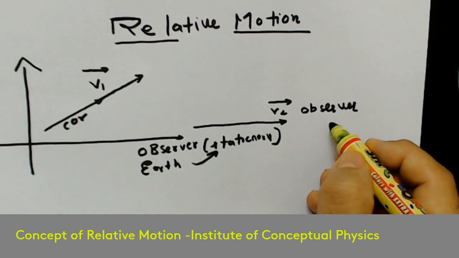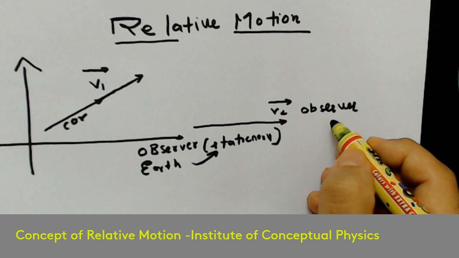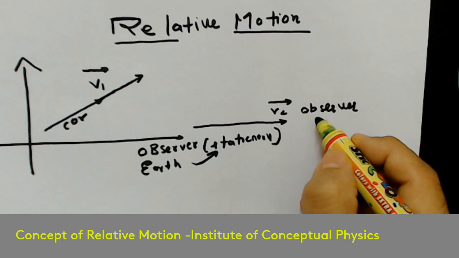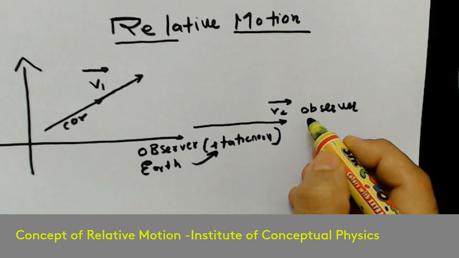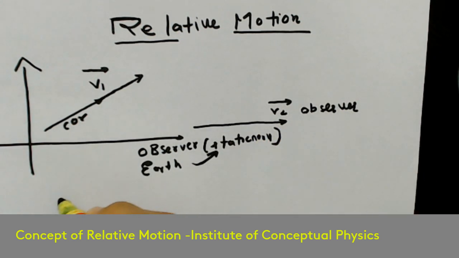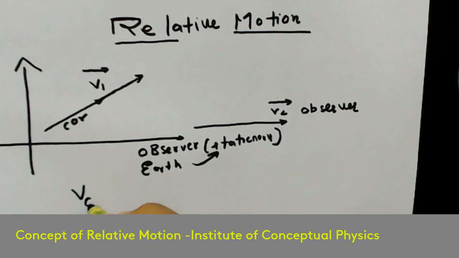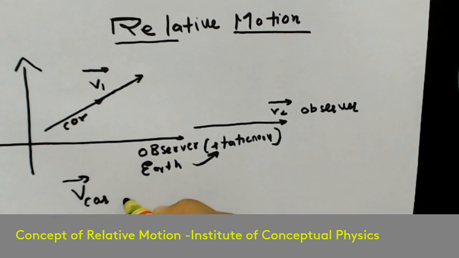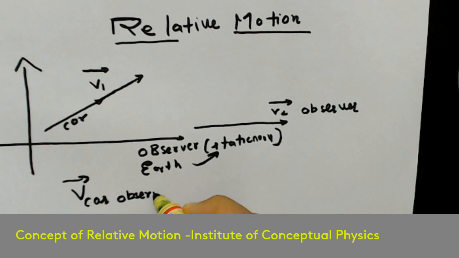And the strategy and the method to find how the car would look to the observer when he looks at it: the expression, which means the velocity of the car as a vector with respect to the observer, right? This is the way we express this concept.